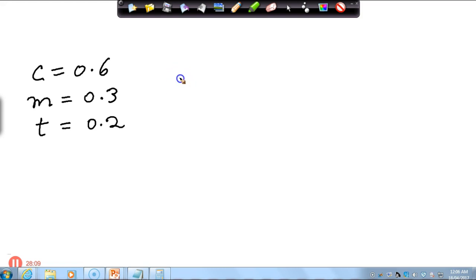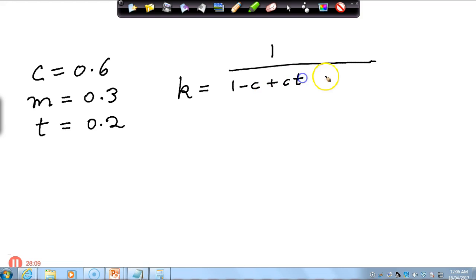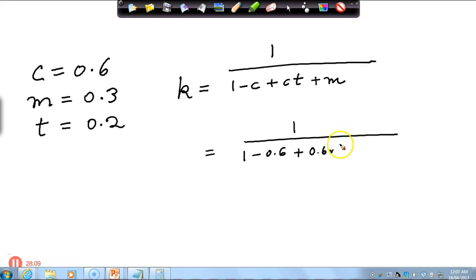So our multiplier is going to be 1 over 1 minus marginal propensity to consume plus marginal propensity to consume multiplied by the marginal propensity to tax, plus the marginal propensity to spend on imports. So that's 1 minus 0.6 plus 0.6 times 0.2 plus 0.3.